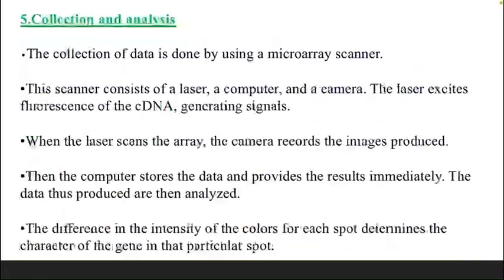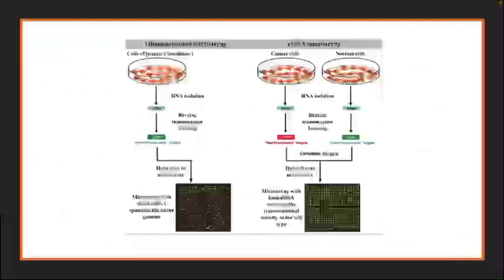When the laser scans the array, the camera records the image which is produced from the array, and these are stored as data and provide the results immediately after the process, and these are then analyzed. So the difference in the intensity of the color of each spot determines the character of the gene in the particular spot.